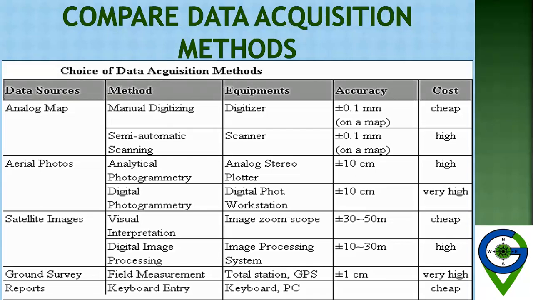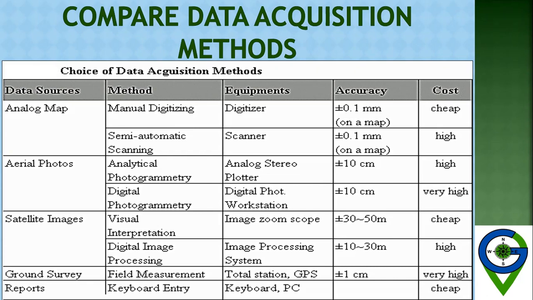Then the aerial photos: the method of acquisition is analytical photogrammetry. Equipment used are analog stereo plotters. Accuracy is plus minus 10 centimeters and the cost is high. Whereas for digital photogrammetry, the equipment used are digital photographic workstations.